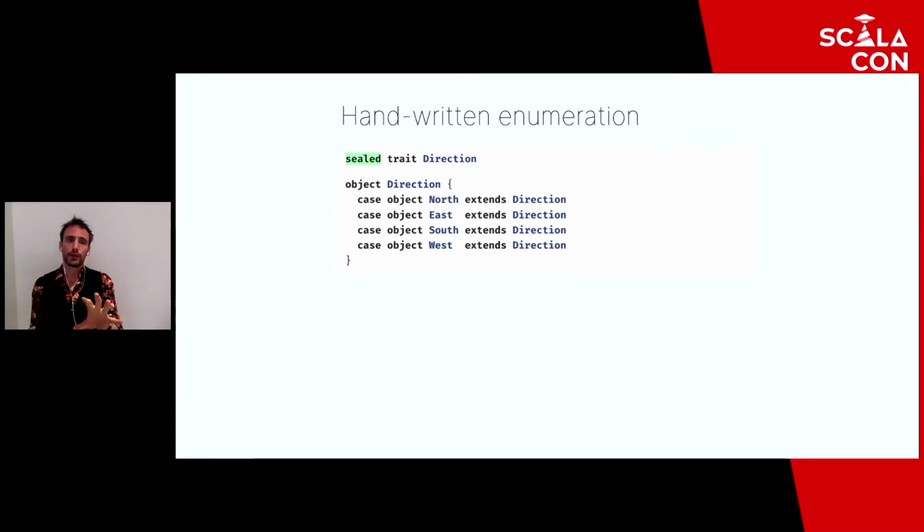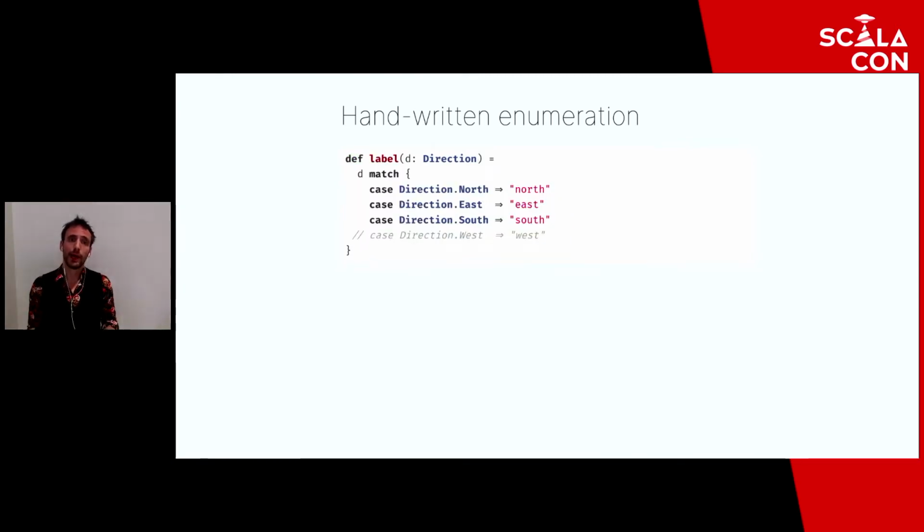They will all be present in that compilation unit. Nobody else is ever allowed to subtype it. So with that, if we try to compile this bit of code, the compiler knows exactly all the possible values that we can encounter and will refuse to compile our pattern match because it's incomplete.